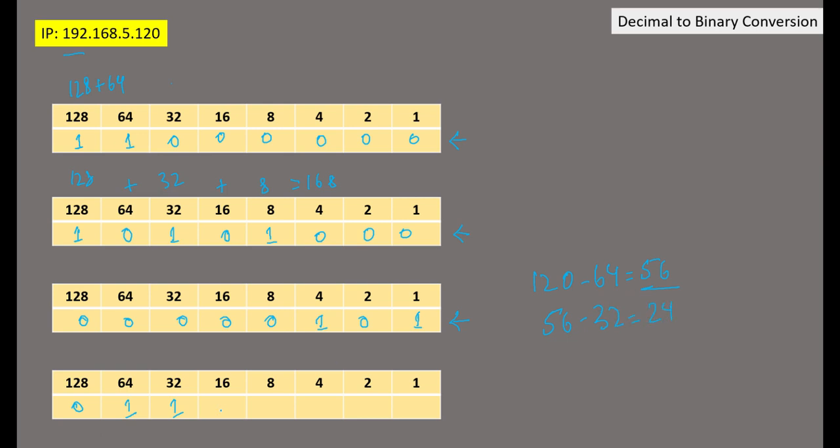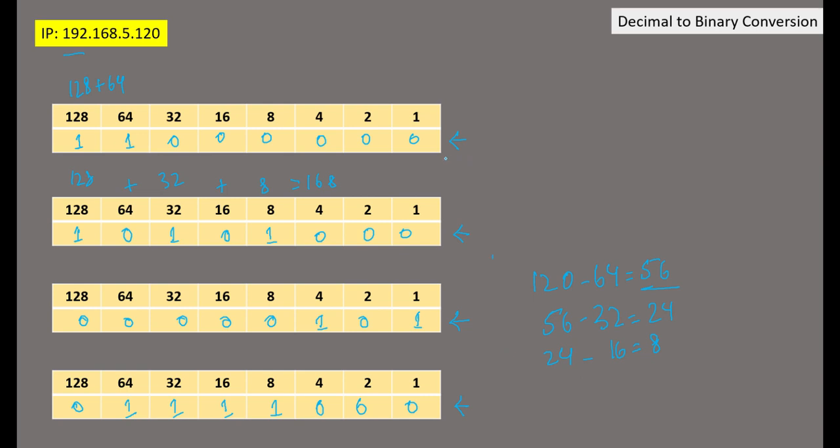Is 24 greater than 16? Yes, I will turn this on, and I will say 24 minus 16 is equal to 8. And now I will turn this bit on which has the power of 8, and I will turn all the remaining bits off. And this is the binary representation of 120.